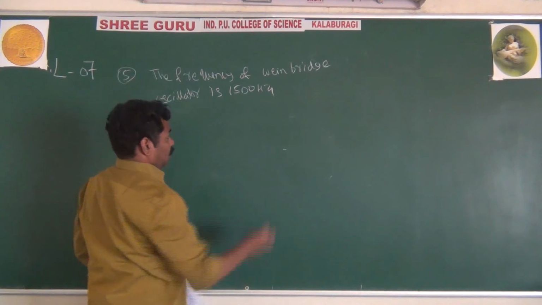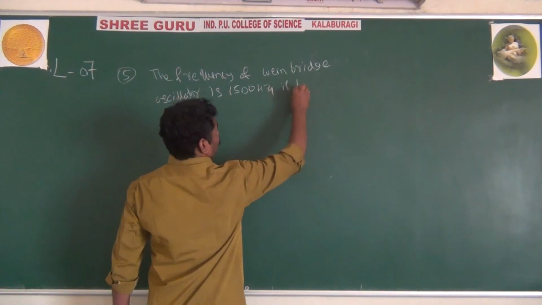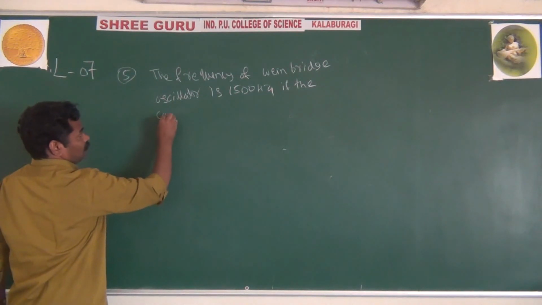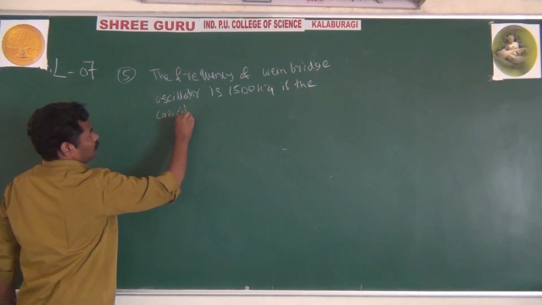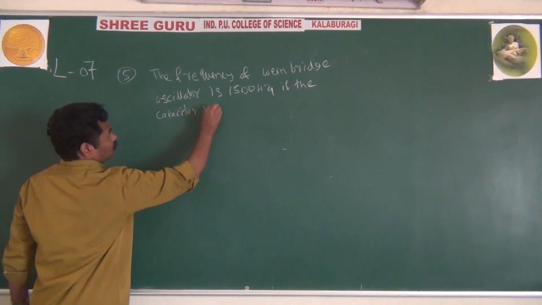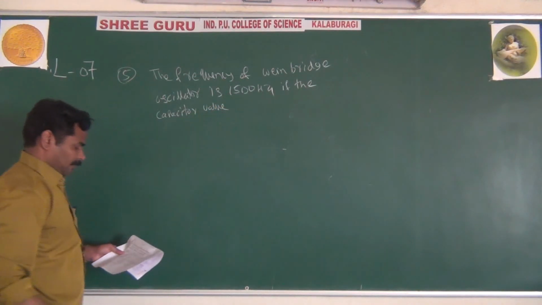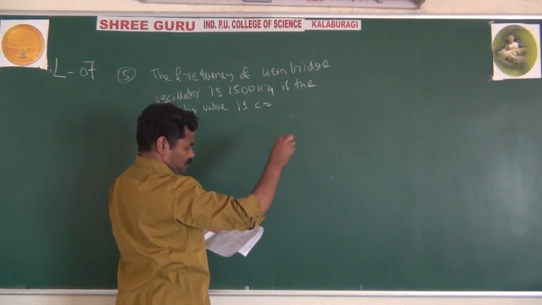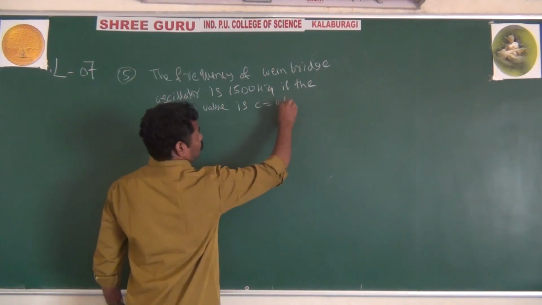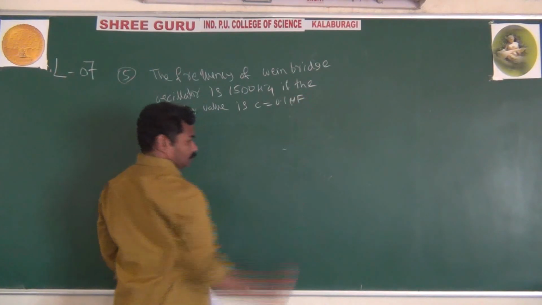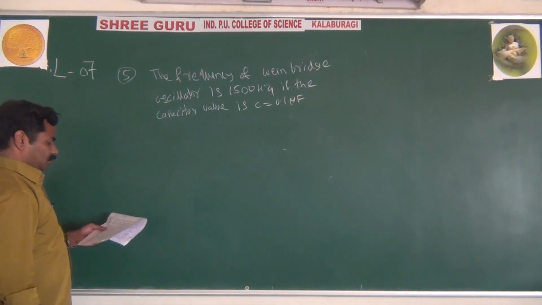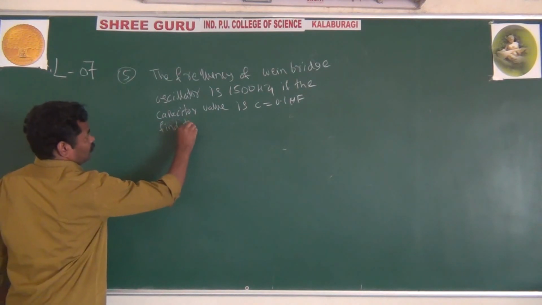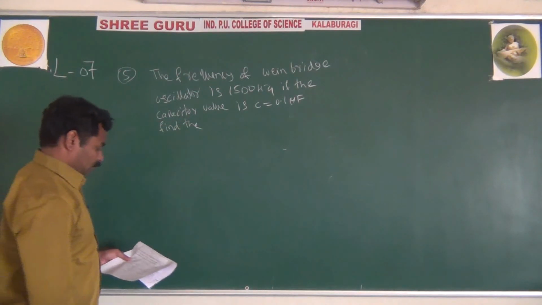If the capacitor value is C equal to 0.1 microfarad, find the value of resistance.